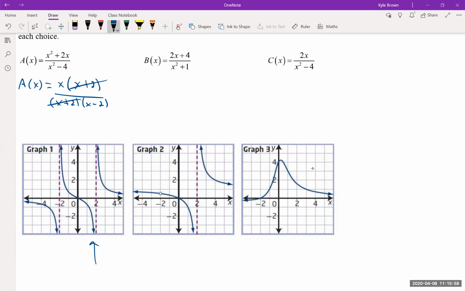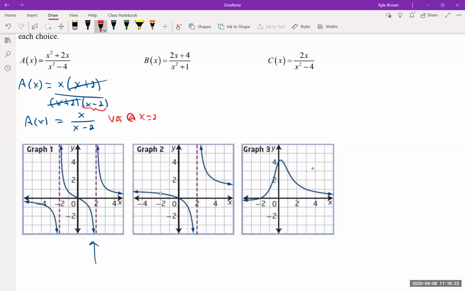So looking at this, I've got A of x is equal to x over x minus 2. So I know a few things about this now. What this means, from this part of it, is that there would be a vertical asymptote, a VA at 2, at x is equal to 2.